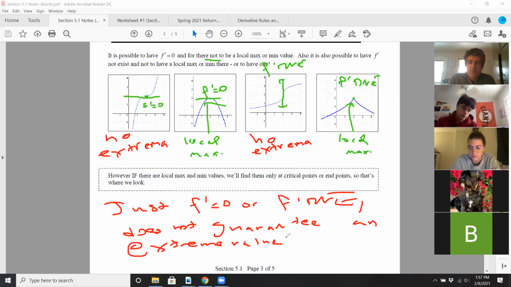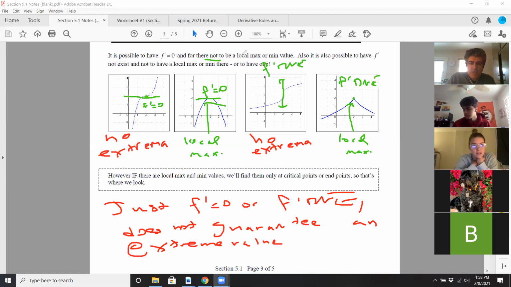Now, extreme values for sure are going to be located where f prime equals 0 or does not exist, or at endpoints within your closed interval on a continuous function. But you could have a whole bunch of places where f prime equals 0, and it may not be true. But it is a necessary condition if you want to be an extreme value that you have either an endpoint or a critical point.